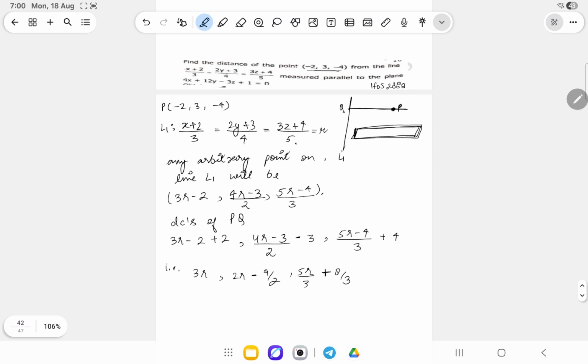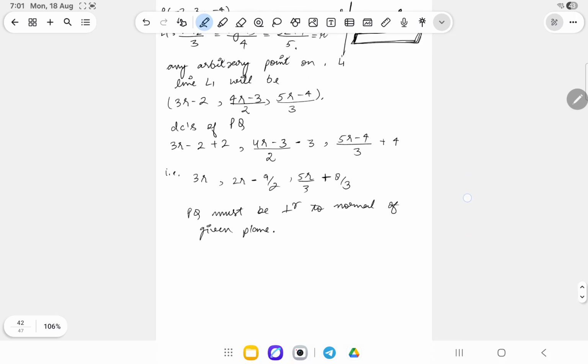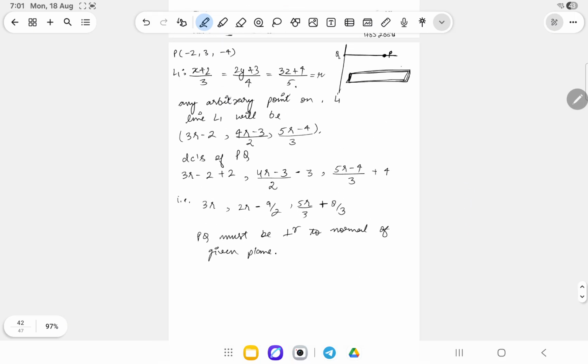Also in the question they have given us that we are measuring distance parallel to the given plane. So line PQ must be parallel to the given plane. If PQ is parallel to the given plane, then PQ must be perpendicular to the normal of the given plane, and using the perpendicularity result of two lines, we can find the value of r.